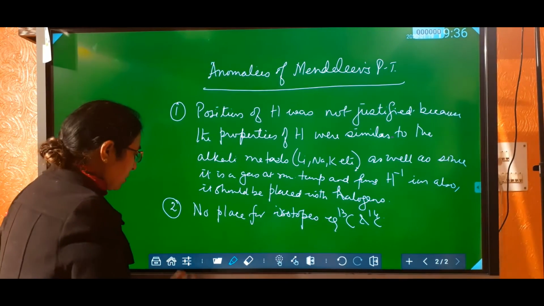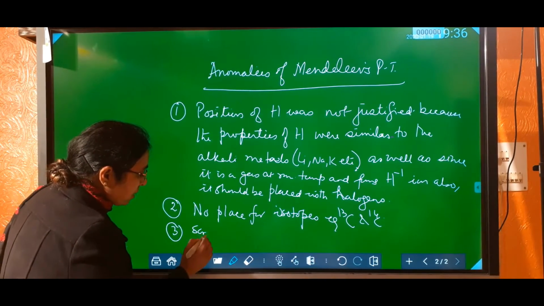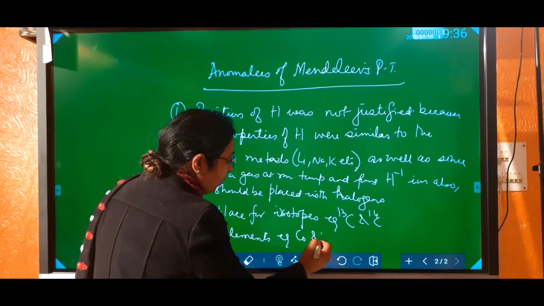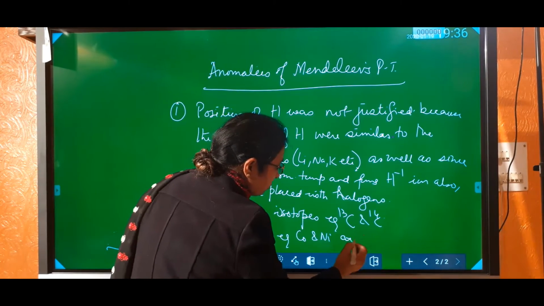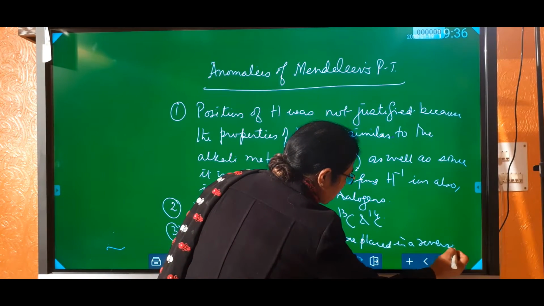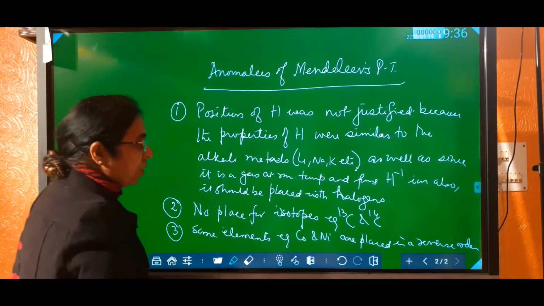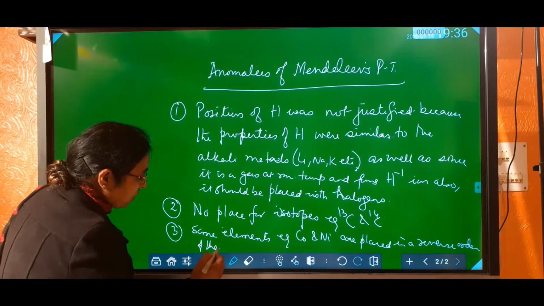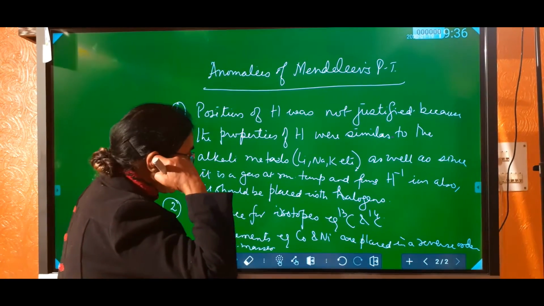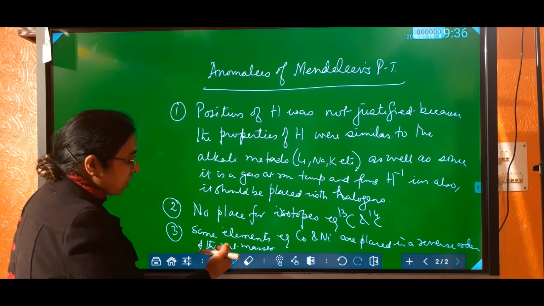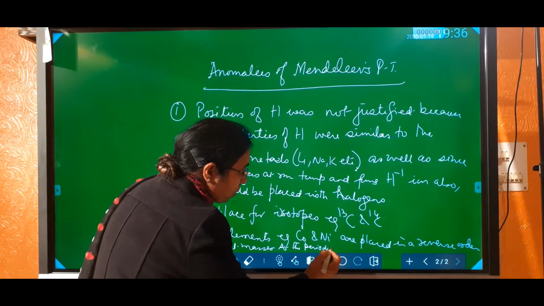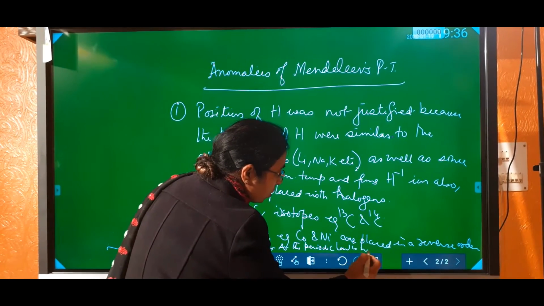Then third, some elements, for example cobalt and nickel, are placed in reverse order of their increasing atomic masses. So the periodic law is not obeyed.